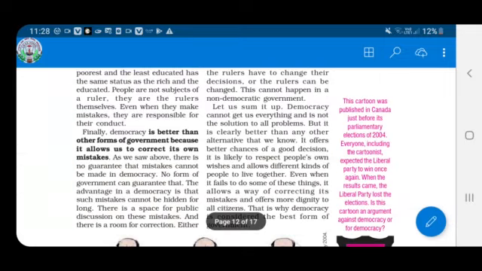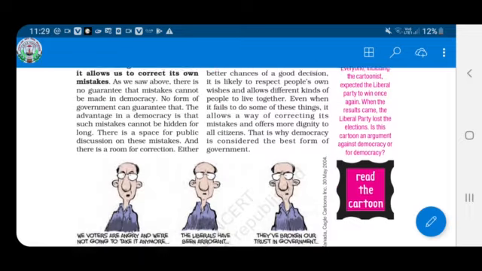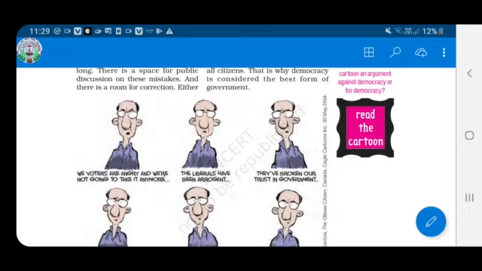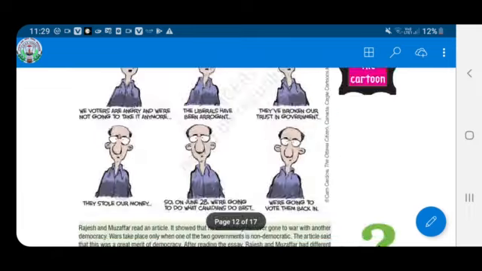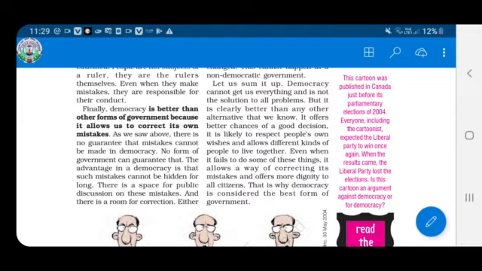And the next argument in favor of democracy is, how does democracy allow us to correct its own mistakes?